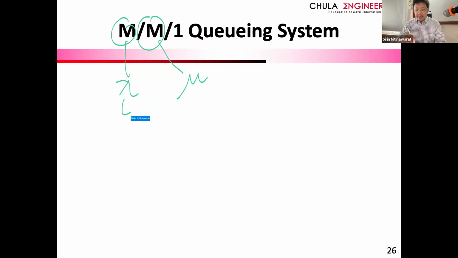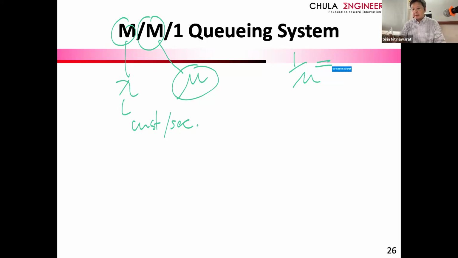Remember lambda is customers per second. So what about this mu? How is it related to the average service time? We just told you an exponential distribution with parameter mu has mean 1 over mu. So what should be the unit of mu?